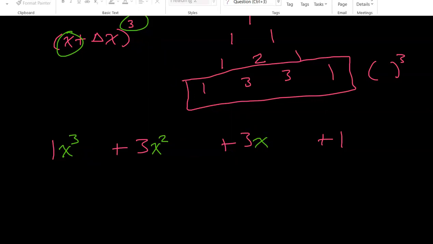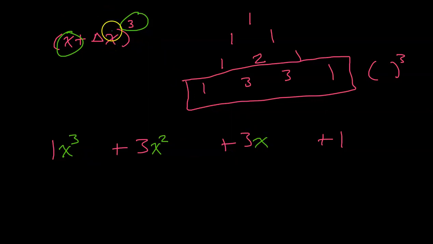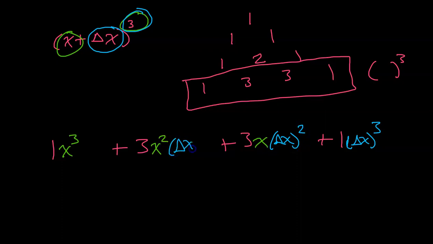Now I'm going to switch over, and now I'm going to do this guy. This is on the right, so I'm going to start on the right hand side this time. And again, I'm still doing the third power to start off with. So over here, I'm going to have delta x, which I'll put in parentheses. I'll have delta x to the third power, and then I'll have delta x squared, and then I will have delta x.